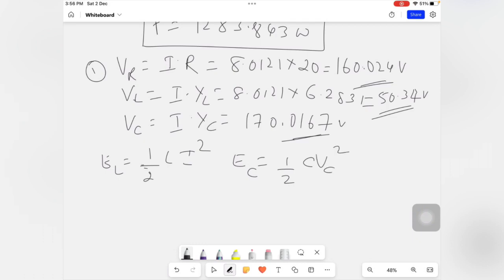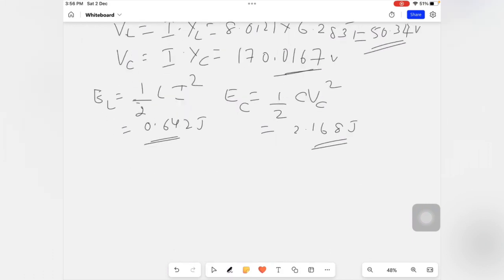You can substitute, you will get energy stored in the inductor, around 0.642 joules. In case of capacitor, you will get around 2.168 joules.